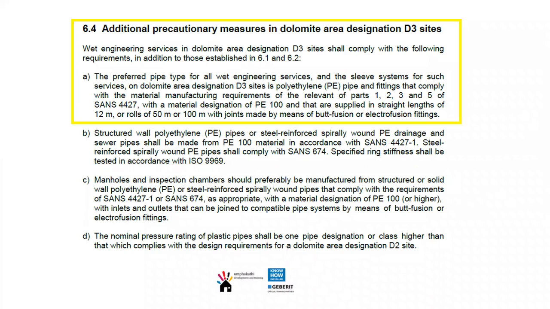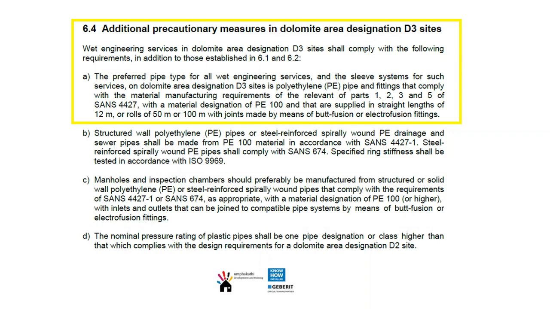Additional precautionary measures in Dolomite areas, designated D3 sites. So they'll comply with the following requirements in addition to those established in 6.1 and 6.2. The preferred pipe type for all wet engineering services and sleeve systems for such services on Dolomite Area designation D3 sites is polyethylene, and they will comply with the material manufacturing requirements of a PE 100.